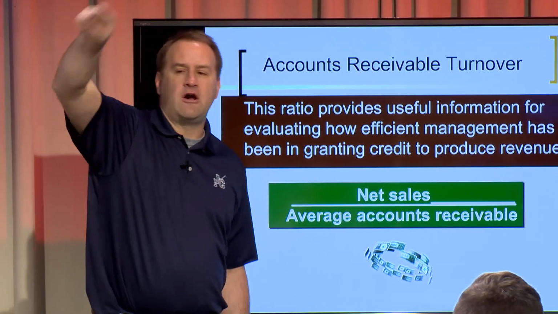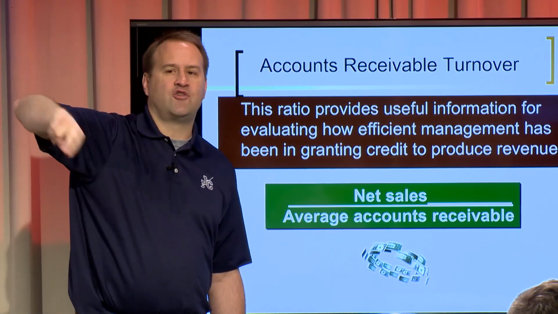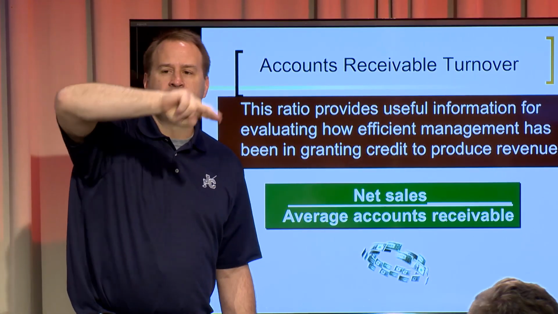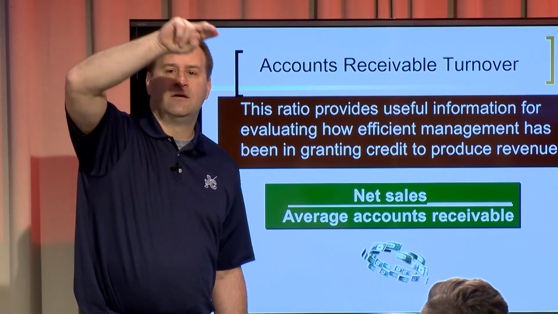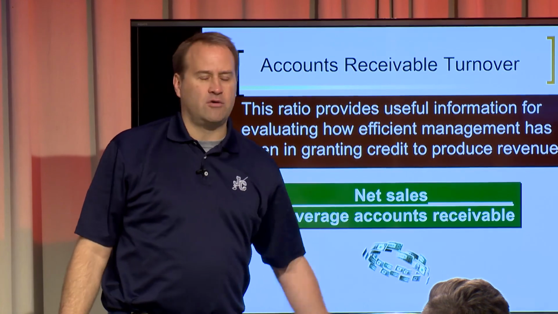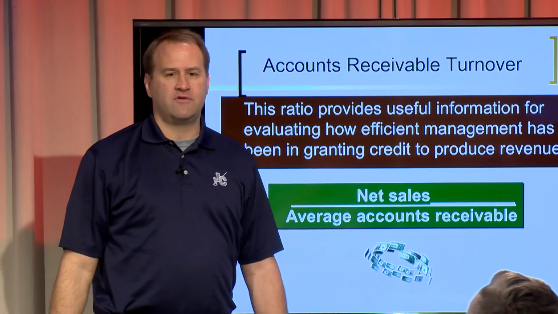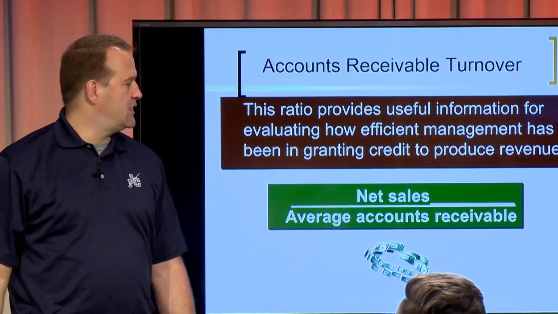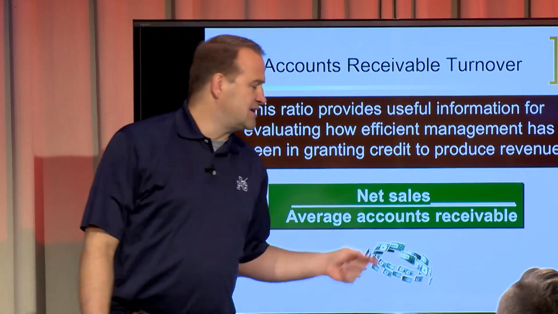So if our AR starts to turn over slower, maybe because our credit manager has been kind of lax, or maybe the economy's getting bad, that can result in future cash problems. So by keeping track of our AR turnover, we could maybe predict that a little bit. How do we compute AR turnover? We take net sales divided by average accounts receivable. Are you with me?